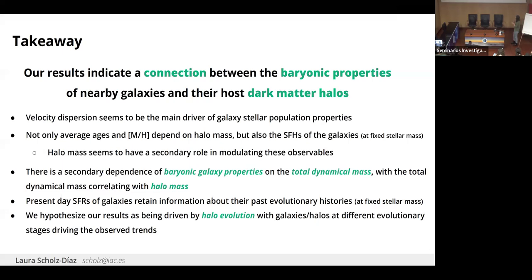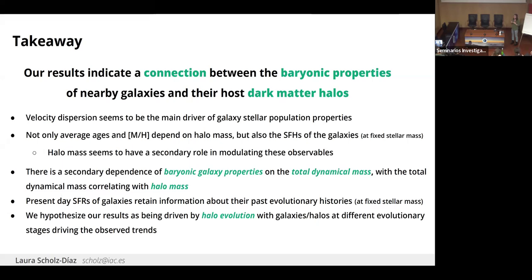Present day star formation rates in the star forming main sequence seem to retain information about their evolutionary paths. And finally, what I showed you now is that we hypothesize that our results are driven by halo evolution, with galaxies and halos at different evolutionary stages in the stellar to halo mass relation, or in the stellar to total dynamical mass relation.